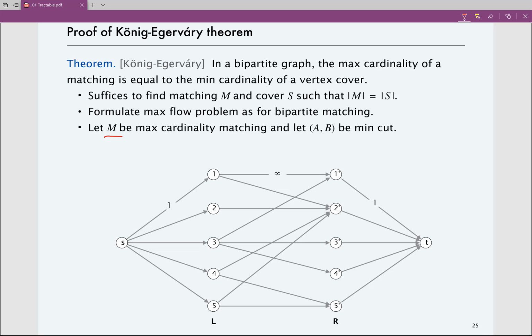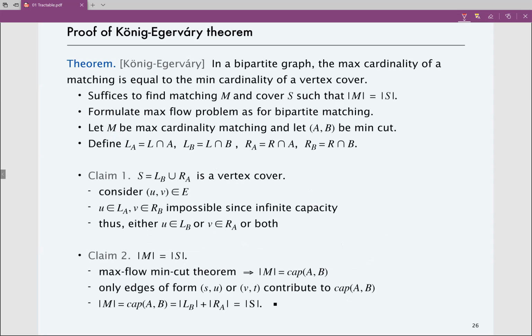Once we have that, we're going to use this to produce a vertex cover. The way we do that is we define these four sets: LA, LB, RA, and RB. LA is defined as the set of left nodes intersect A. Remember that A was the left side of the cut, the side that included the source, and B was the side that included the sink.